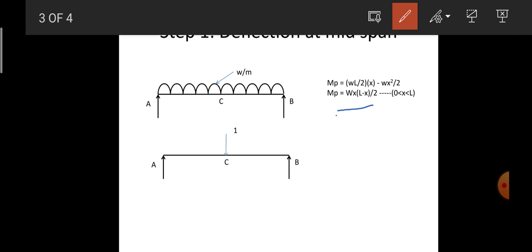This moment which I have calculated is only for the distance X. If I want to calculate for the overall structure, the limits will be between 0 to X and X to L, that is 0 to L overall.